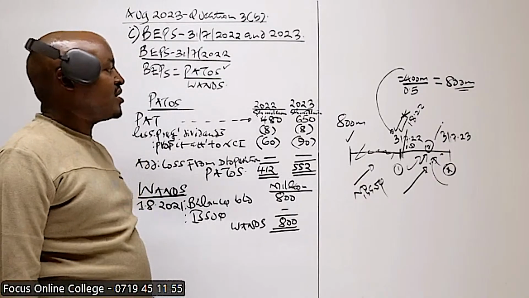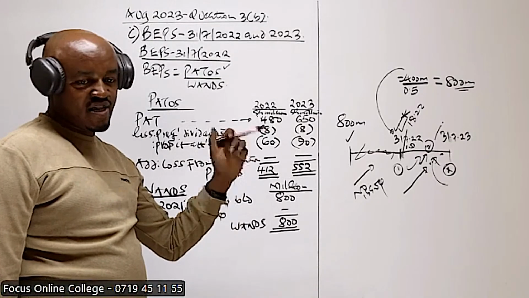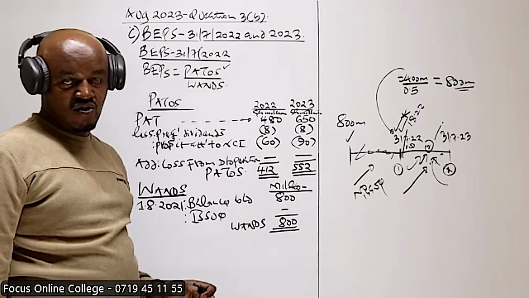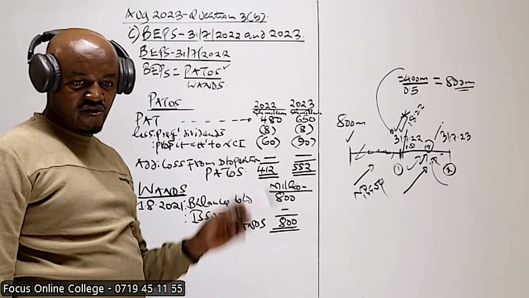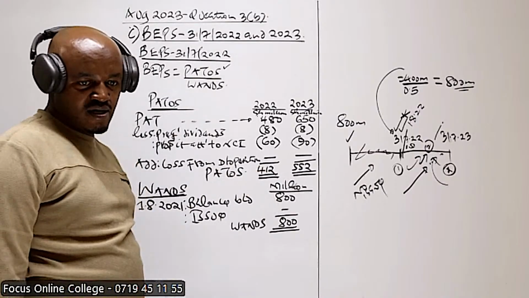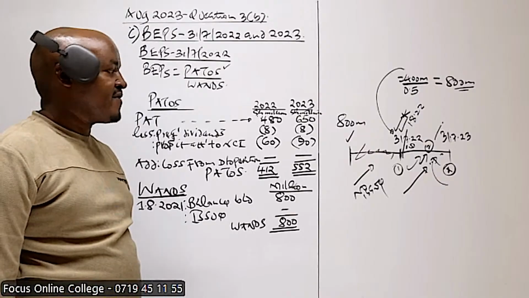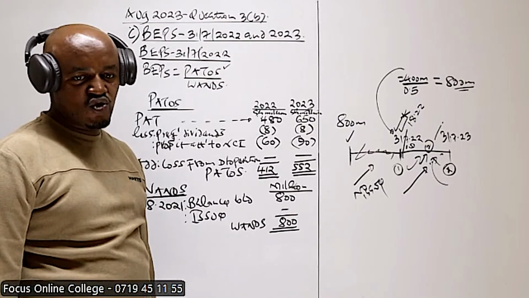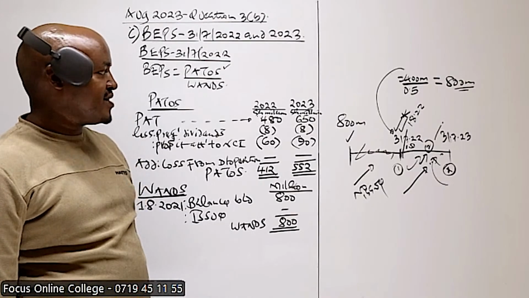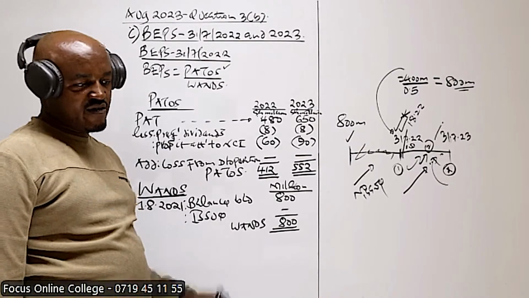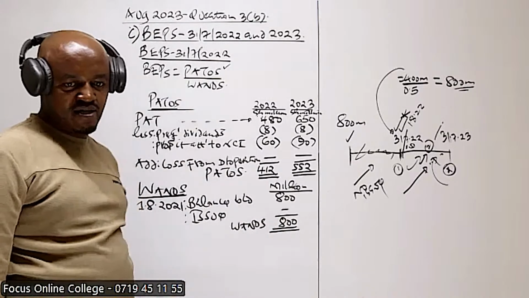The first year ended 31st July. So 1st November 2022 is in the second year. Is that clear? The first year ended 31st of July, so 1st November is in the second year.